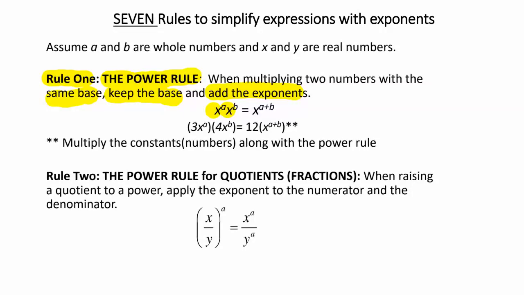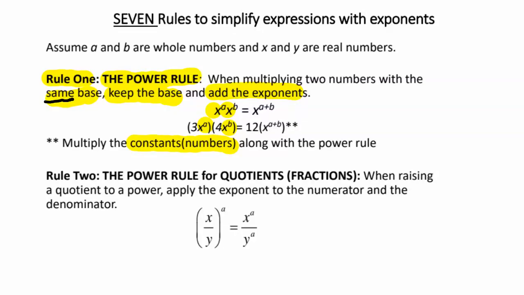In the second example, I happen to have numbers, and those numbers are not the same. Remember, this rule says same bases. The only bases that are the same are the letters, x to the a and x to the b.